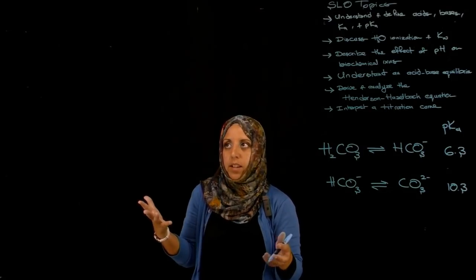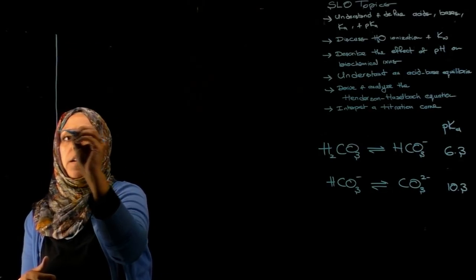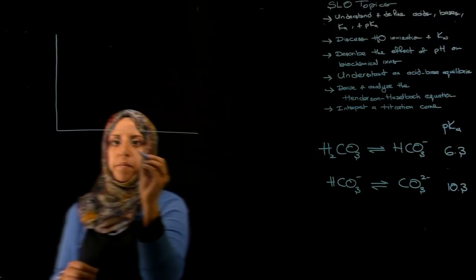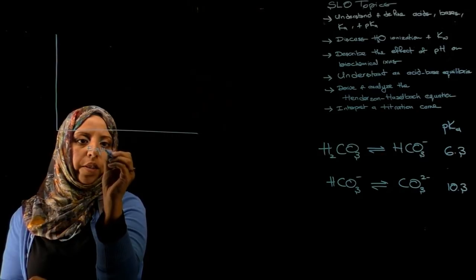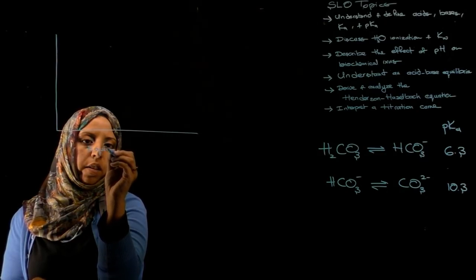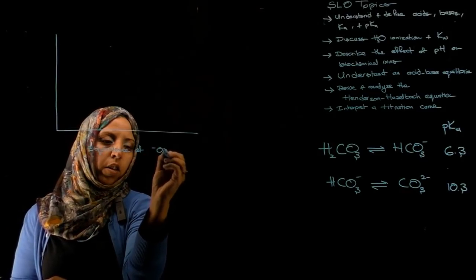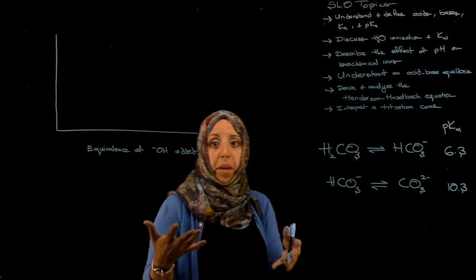And to take a look at a titration curve, so if you're titrating a base, what you have is the equivalence. You could think about it in terms of the equivalence of base added, how much base you add, right?